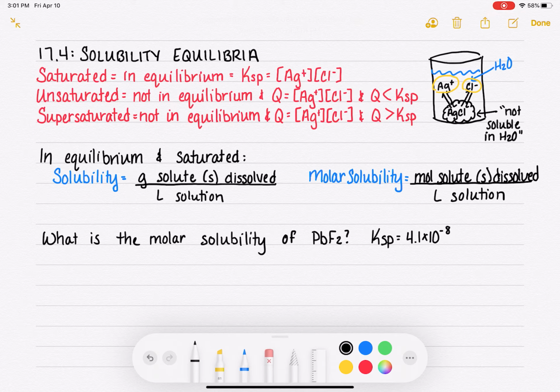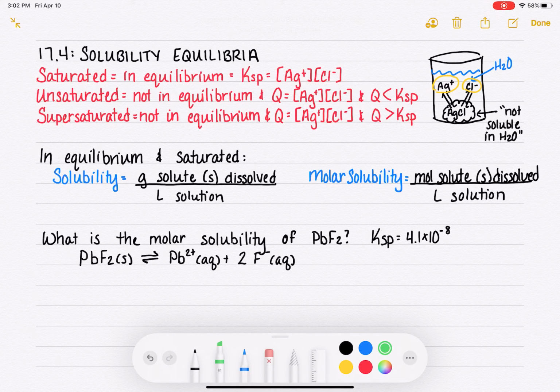So the first thing that we're going to do is write a balanced chemical reaction that's going to help us get an idea of what's happening when this substance is dissolving and dissociating. We are starting with lead 2 fluoride, which is a solid, and it is in equilibrium dissociating to the lead 2 ion, Pb2+, and also 2 fluoride ions, F-, both of them aqueous.